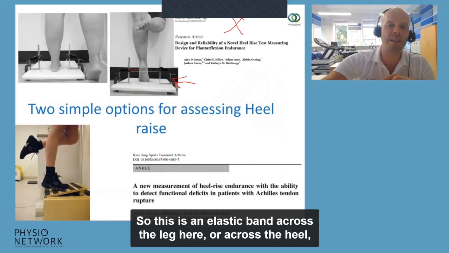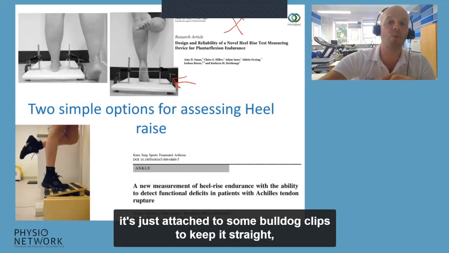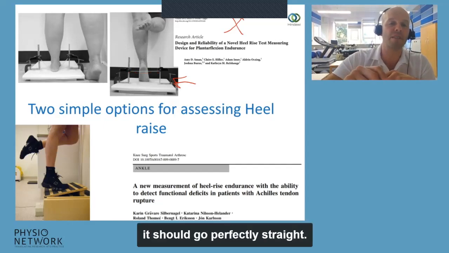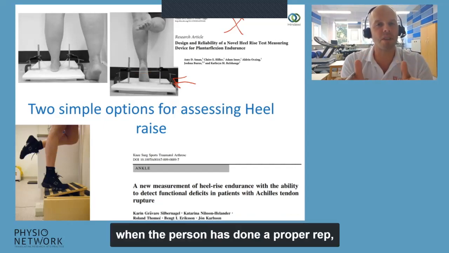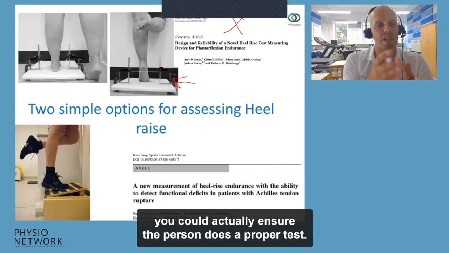So this is an elastic band across the leg here, or across the heel, that's just attached to some bulldog clips to keep it straight. And what you can see is as the person lifts up, it should go perfectly straight. Now, this gives you a very good way of measuring when the person's done a proper rep. And if you use a metronome through your phone, you could actually ensure the person does a proper test.